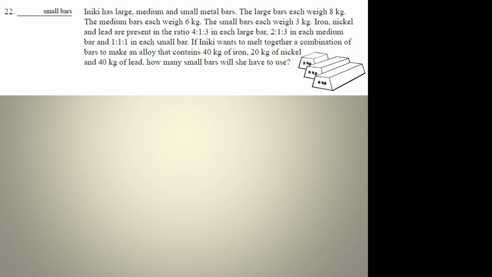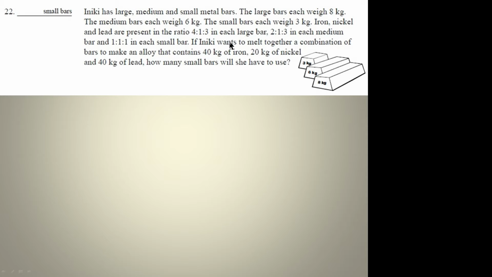So the iron, nickel, and lead are present in 1 to 1 to 1, and the total is 3 kilograms. So in each small bar, the iron will be 1 kilogram, the nickel will be 1 kilogram, and the lead will be 1 kilogram.